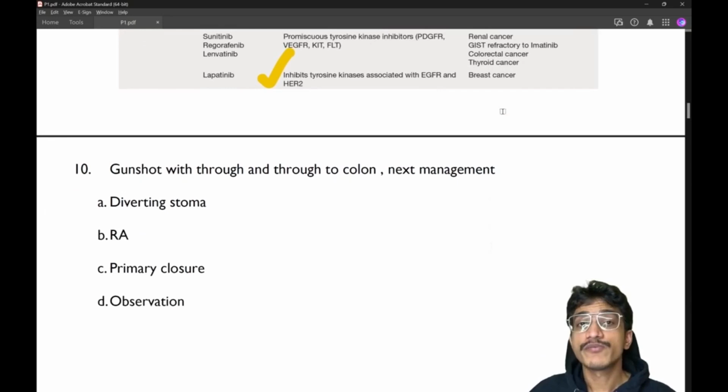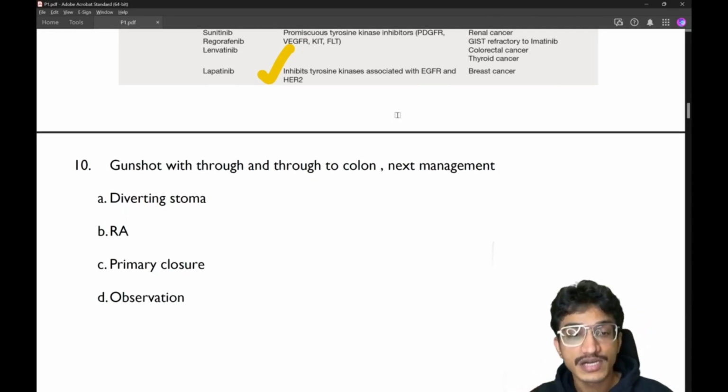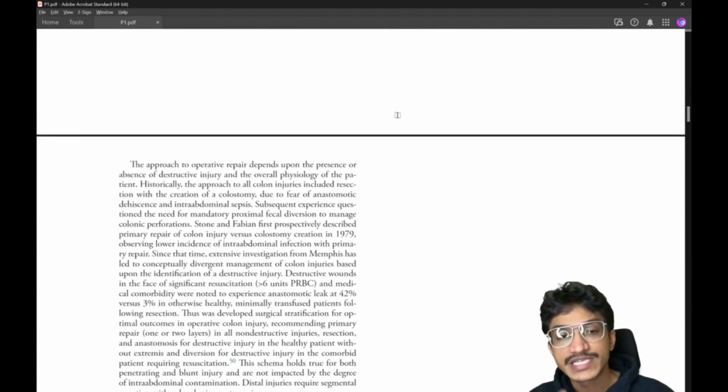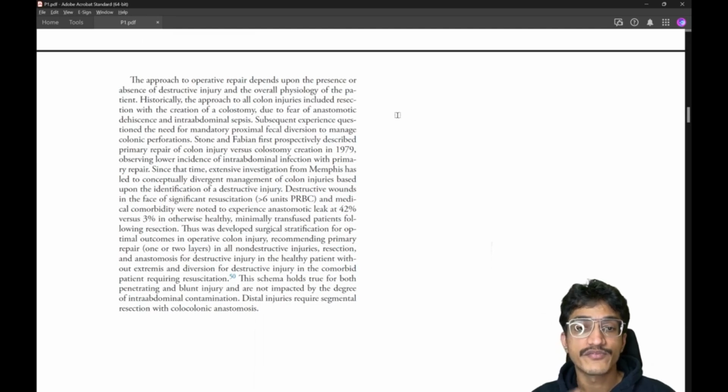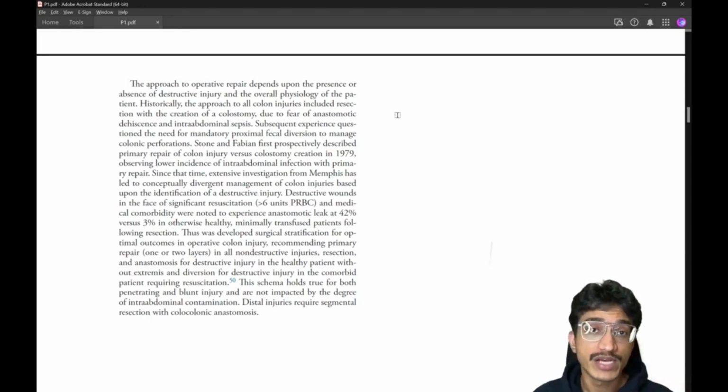Now, gunshot wound with colonic injury, and that is through and through. So that means that the colon is almost destroyed and it is a destructive type of injury. If you see the reference given from Shackelford's and Sabiston both, in any traumatic kind of injury like a gunshot, usually in such injuries, because the colon is injured, there will be fecal peritonitis.